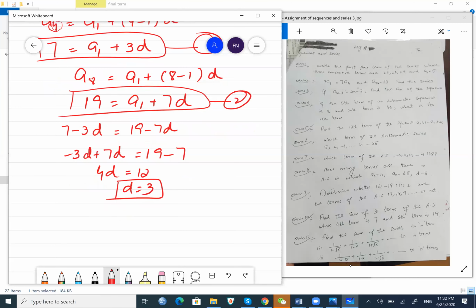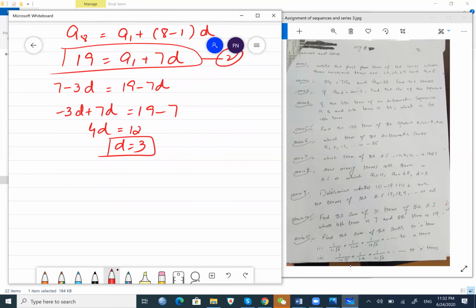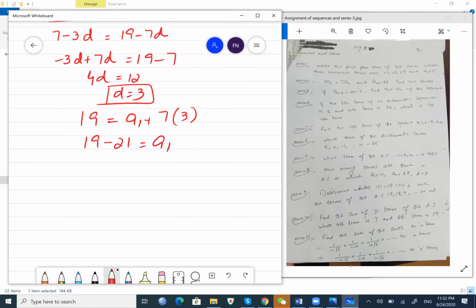You can substitute D equals 3 into any equation. Let's say I substitute it in equation 2. So 19 equals A1 plus 7 times D, which is 21. So 19 minus 21 equals A1. So A1 is minus 2, and the common difference equals 3.